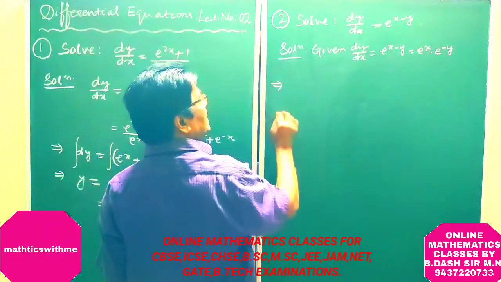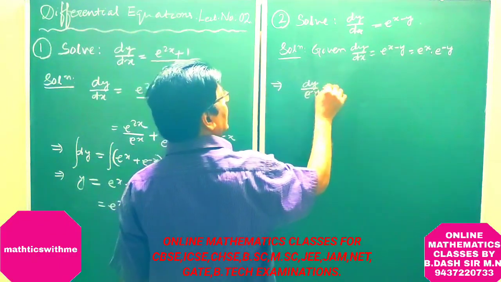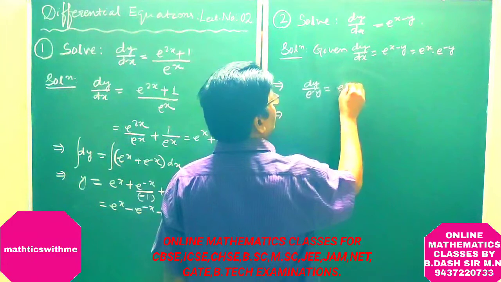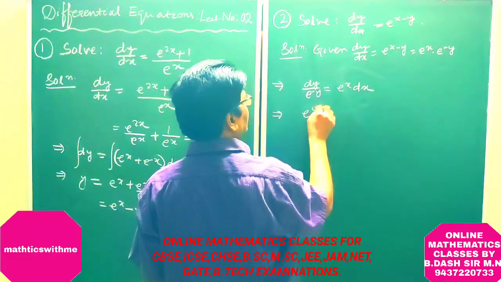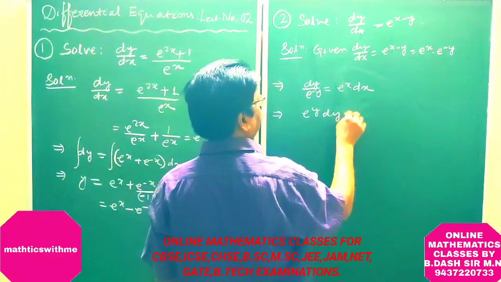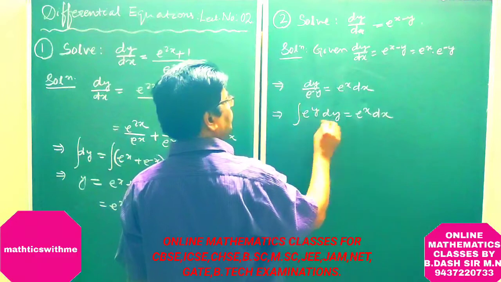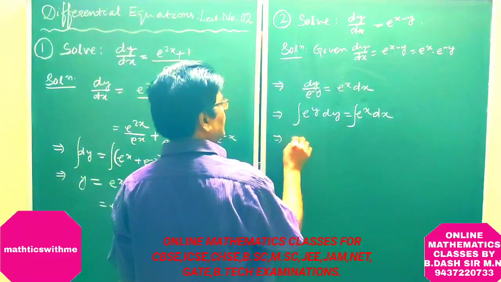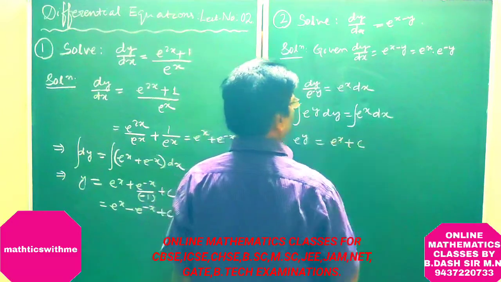So this implies dy by e to the power minus y is equal to e to the power x dx. This implies e to the power y dy is equal to e to the power x dx. Now integrating both sides, e to the power y is equal to e to the power x plus c. Answer.